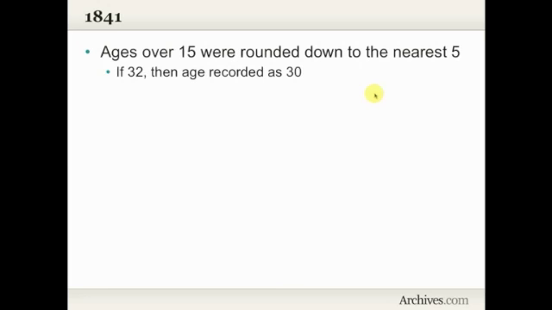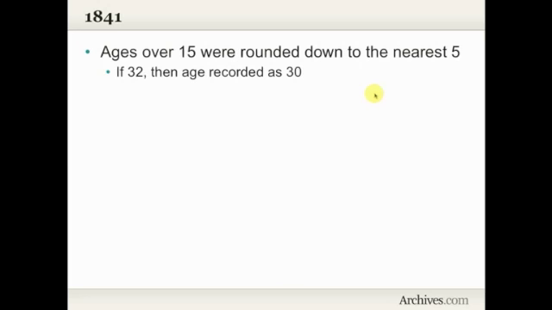So let's say that the person was actually 31 years old. Well, on the census, they're supposed to be recorded as 30. Well, what happens if the person who gave the information said that they were only 29? Well, now that's going to get rounded all the way down to 25. So you're going to see some big changes when you're looking at those ages in the 1841 census.